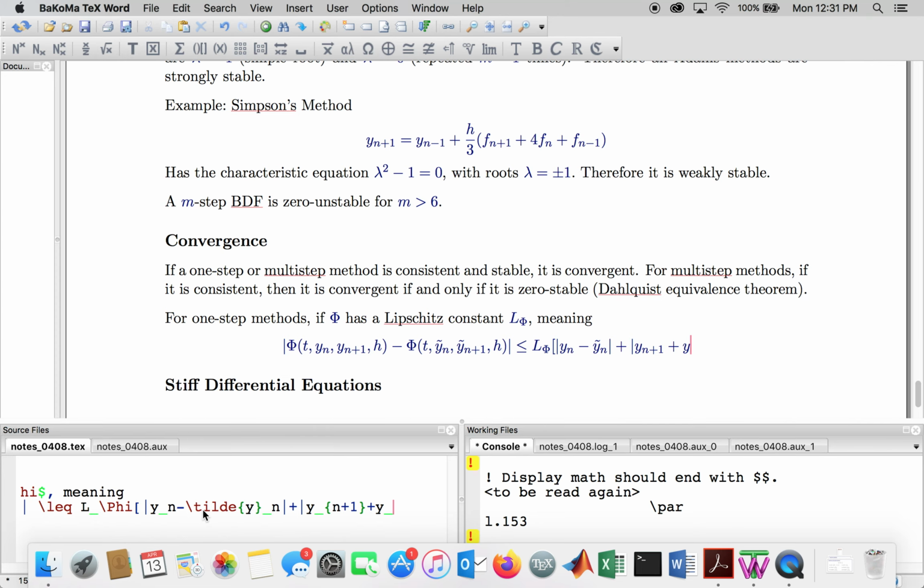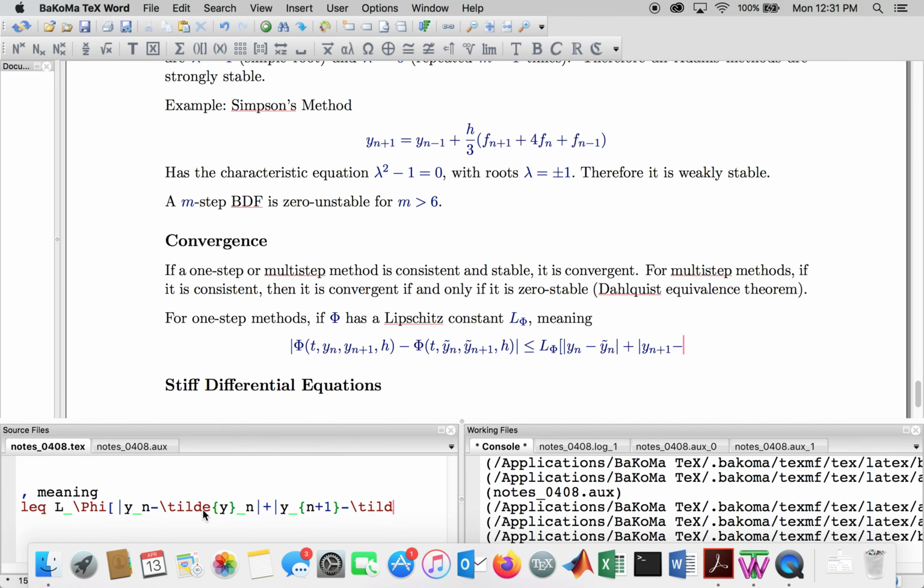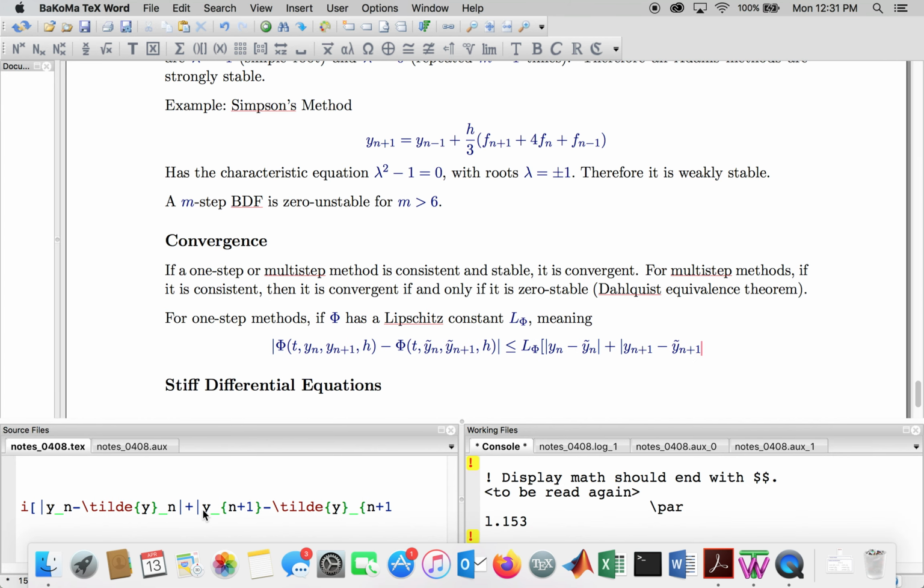So basically L_phi is the max of L1 and L2 from before.